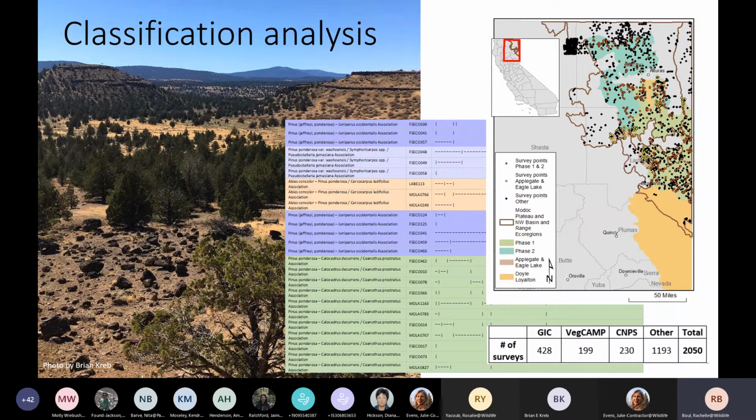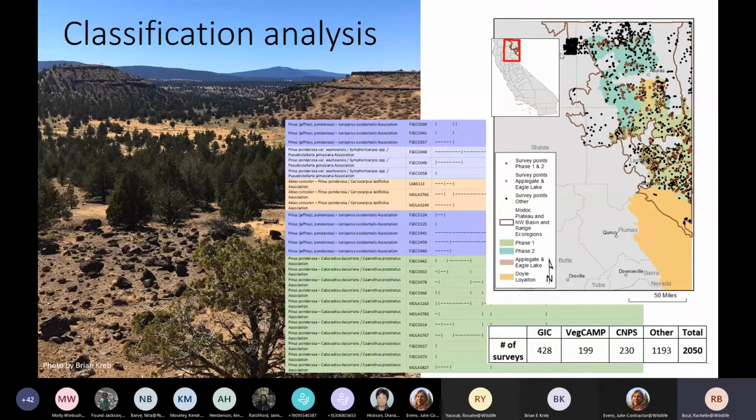The other data sets that were included were U.S. Forest Service ecoplots that were collected on the Modoc National Forest in the late 1980s and early 1990s, as well as recently collected assessment, inventory, and monitoring, or AIM surveys collected by NRCS and BLM that was sampled within the focal ecoregions, and then also included were samples from the U.S. National Park Service for the Lava Beds National Monument.